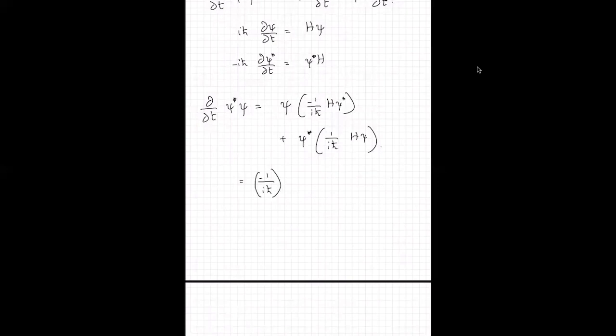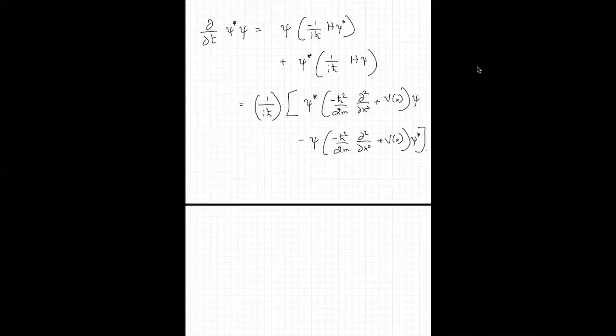If I take 1 over i h bar out common, the first term is psi star times H, which in the position representation is d squared dx squared plus V of x acting on psi.